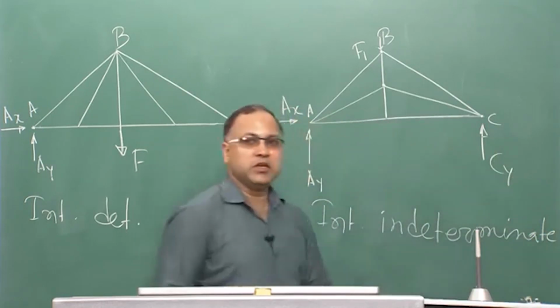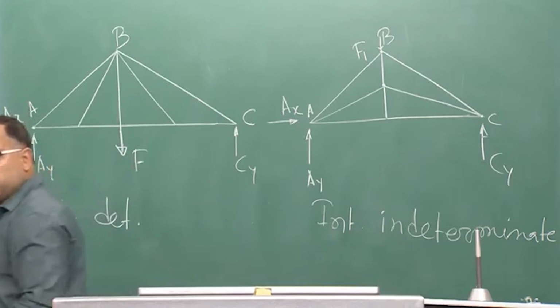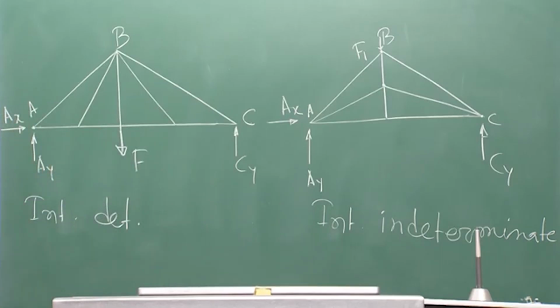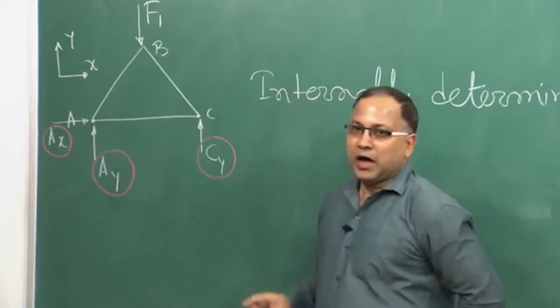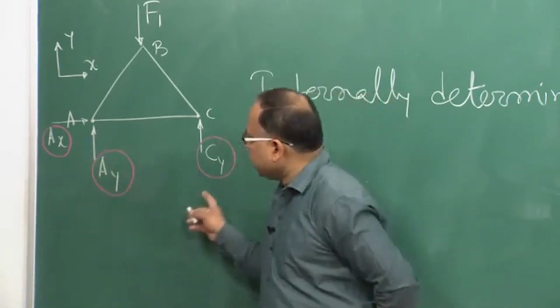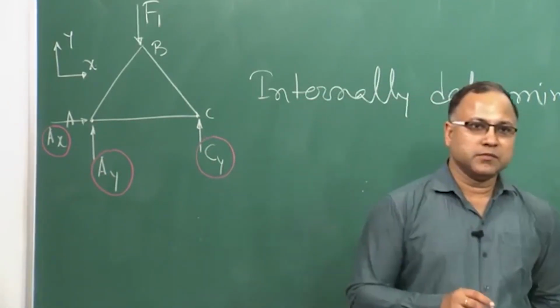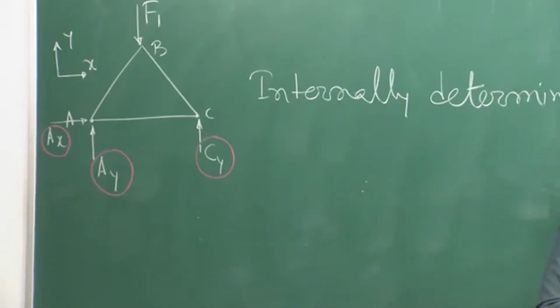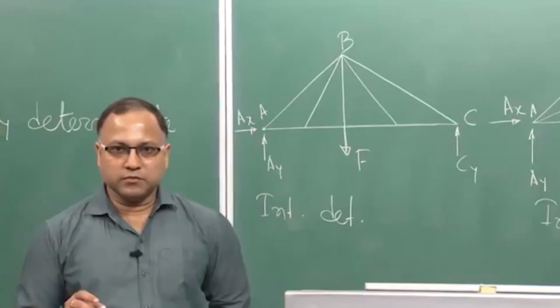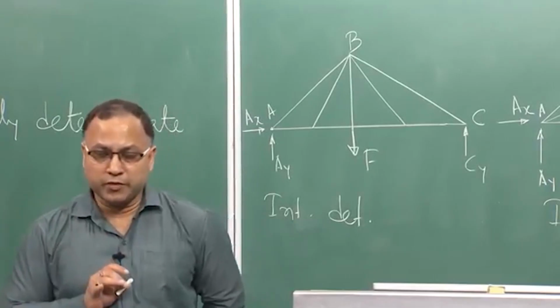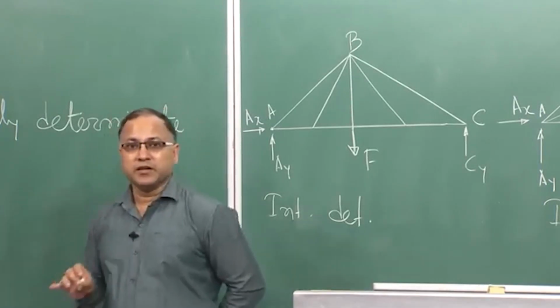Now, why am I using internally and externally, why is this word coming out? If I can find out all the support reactions, then that is externally determinate, and if I can find out the member forces by just simply using the equations of equilibrium, then that is known as internally determinate.